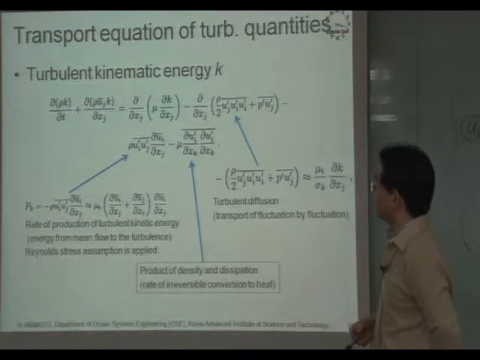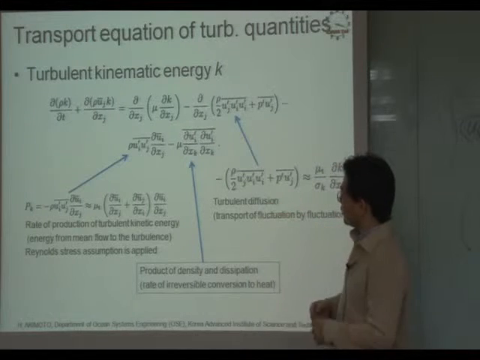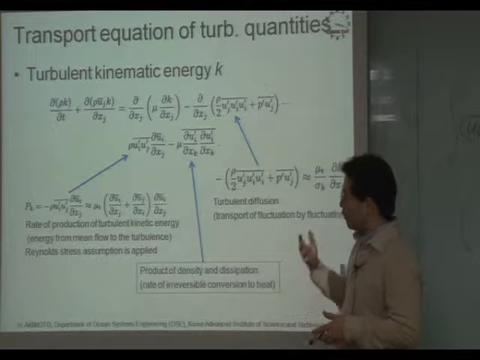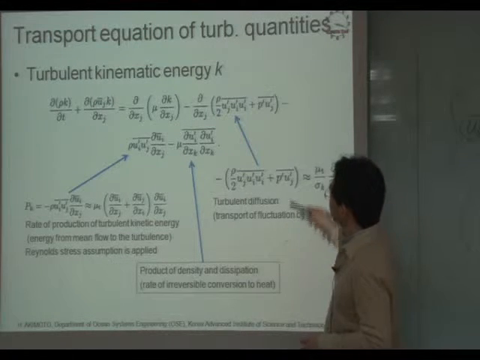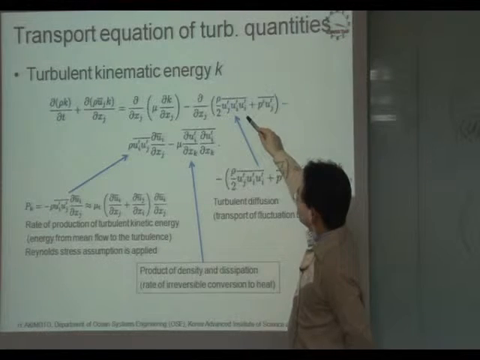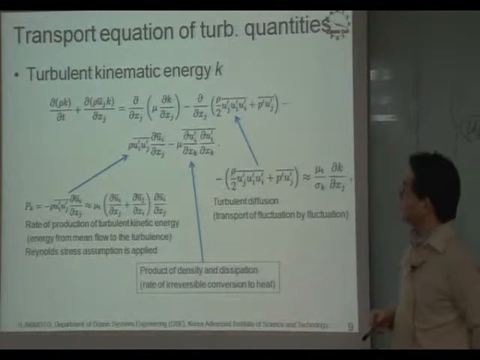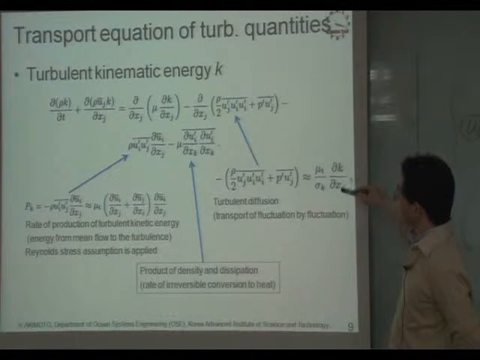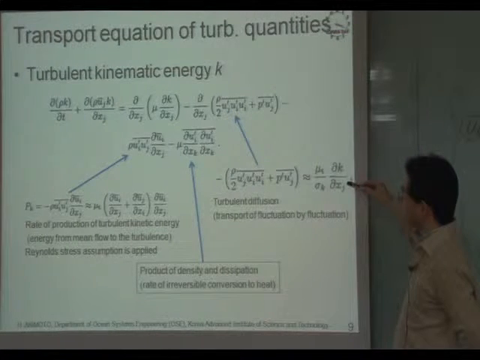So it indicates turbulence is transported by fluctuation. So fluctuation is transported by fluctuation. The appearance is somewhat complicated, but we can assume this one is proportional to the gradient of kinematic energy.